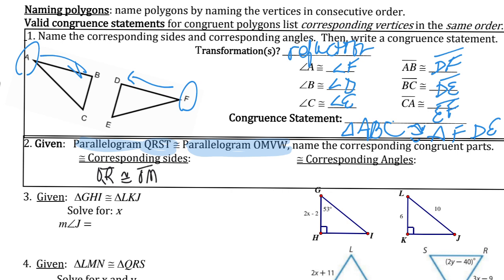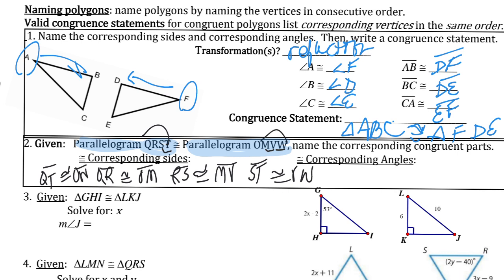And then the second two letters, RS, is congruent to the second two letters here, which would be MV. And then the third ones, ST, go with VW. And the last ones would be the outer ones, QT, which corresponds with OW.